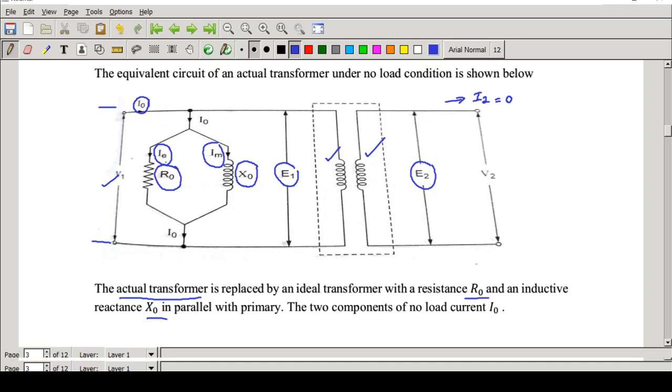So how can you find IE? IE will be equal to the voltage V1 divided by R0, V by I. Similarly, magnetizing current Im will be equal to V1 by X0, because the voltage V1 appears across both the resistor R0 and the inductor X0. So you can easily find the values of IE and Im.